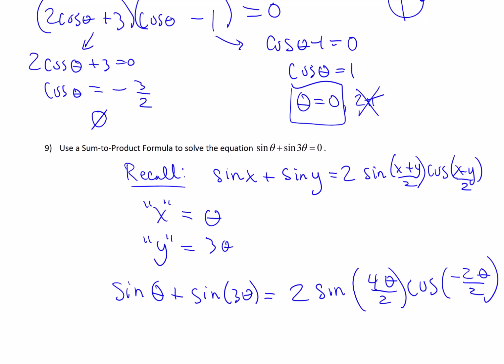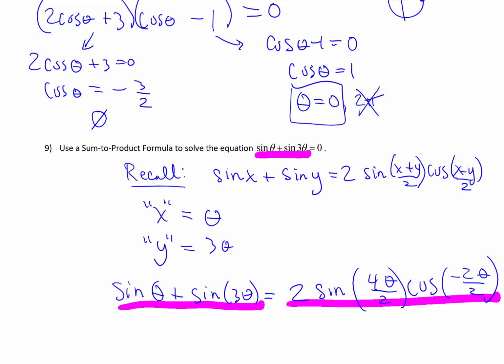Now, before I get lost running away on this, I should go back and indicate, right? We're saying that the original equation's left side, sine theta plus sine 3 theta, is now equal to what we currently wrote, which is 2 sine of 4 theta over 2 cosine of negative 2 theta over 2.